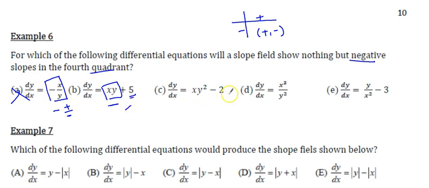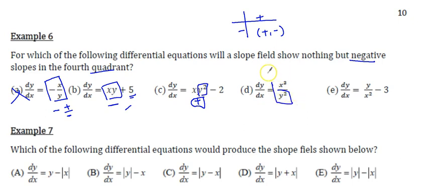So that cannot be. Here, x and y squared: a negative number you are squaring becomes positive, x is positive, so a positive number and you are subtracting 2. We don't know whether that's positive or negative. Okay, so here let's check D. Y squared, again you are squaring the negative number.